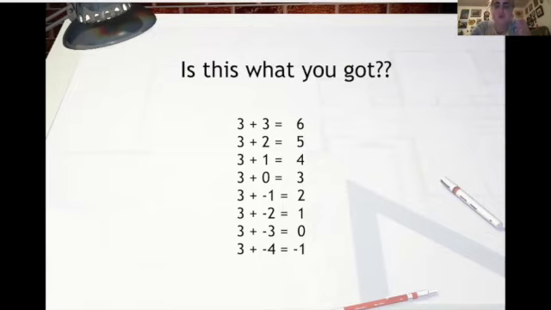So we do see a pattern as it goes down: 6, 5, 4, 3, 2, 1, 0, -1. What do we think the next one is going to be after -1? -2, -3, -4, -5, and -6.